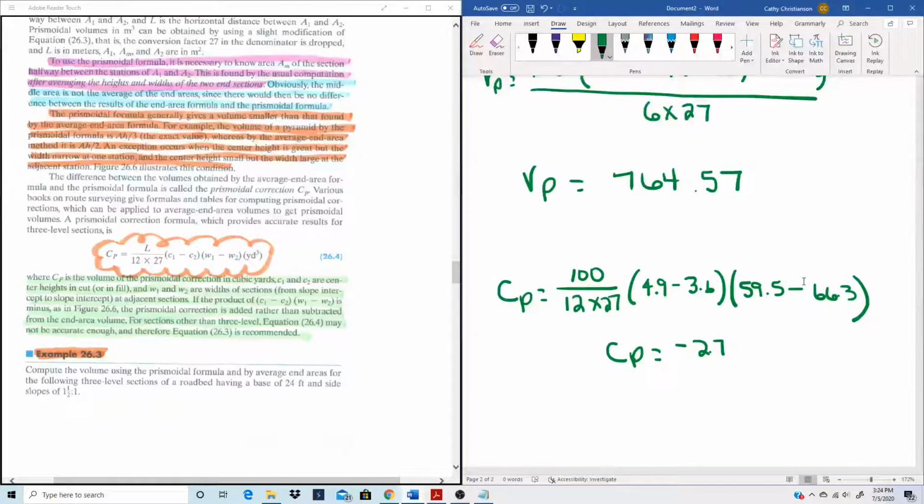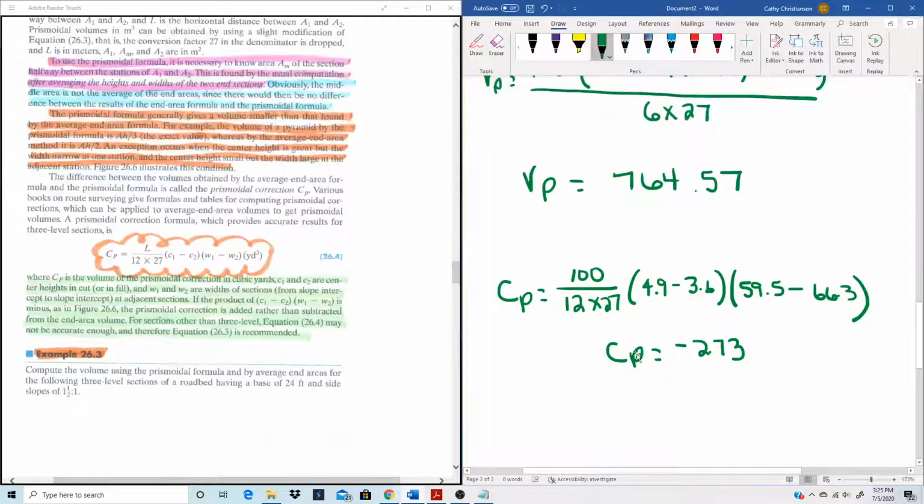So if I put the numbers in, I actually got 2.728, which rounds to 2.73.